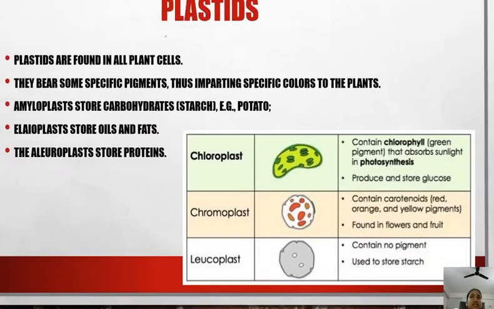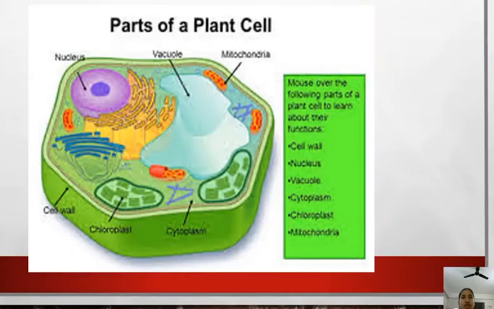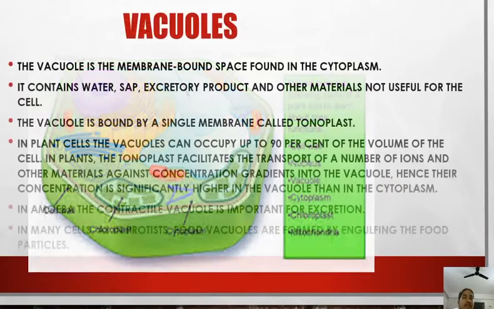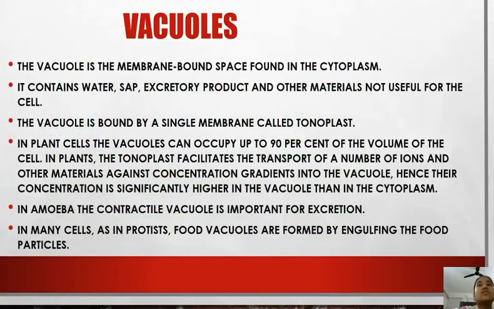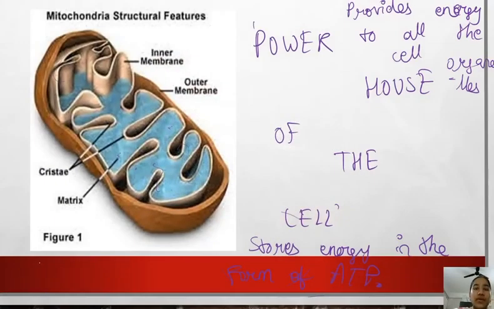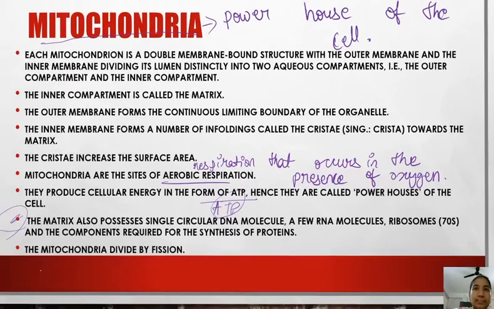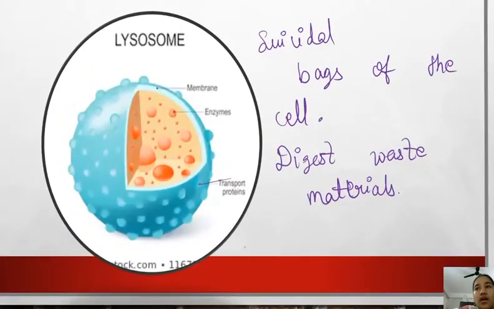The next are the plastids. So what are these plastids? Plastids are found in all plant cells. They are basically found only in plant cells. There are some organelles that are found only in the plant cells and some organelles which are found only in the animal cells. Now, I would like to add for the topic of lysosomes, they are not present in plant cells.